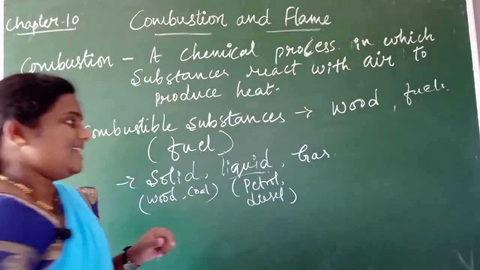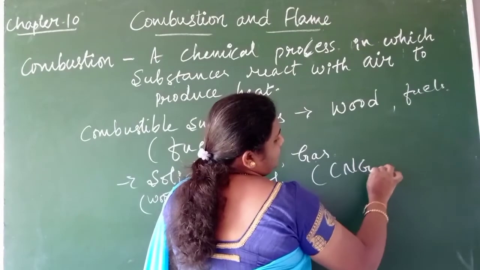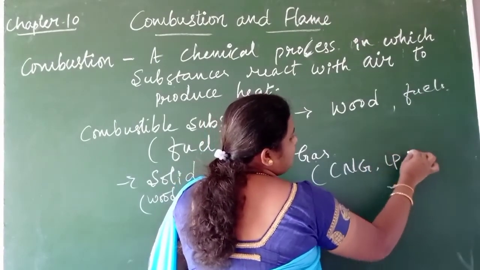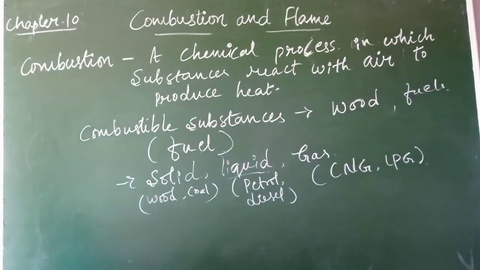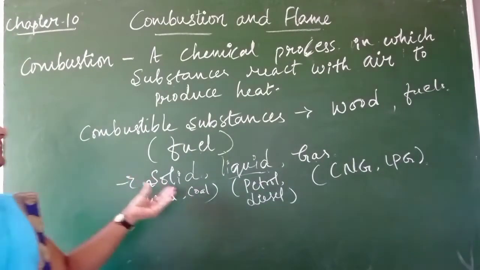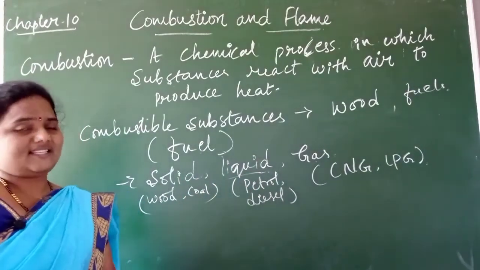Liquid fuels are petrol and diesel. When we talk about gas, there is CNG and LPG, compressed natural gas and liquefied petroleum gas. These are the fuels we get in different states of matter.